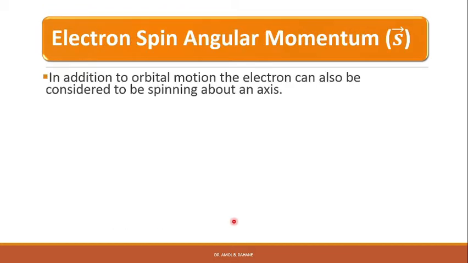In addition to the orbital motion, the electron can also be considered to be spinning about an axis, and therefore we can have the spin angular momentum of the electron, which is denoted by the S vector.